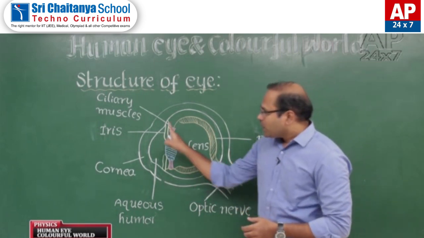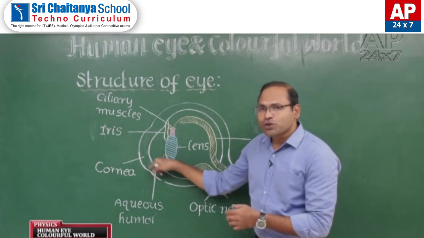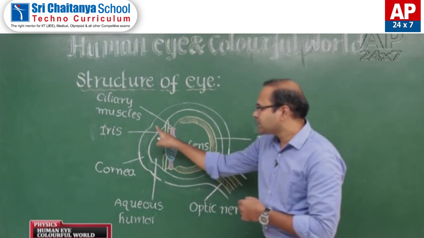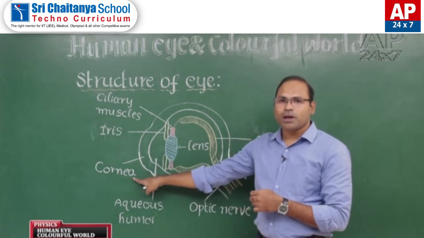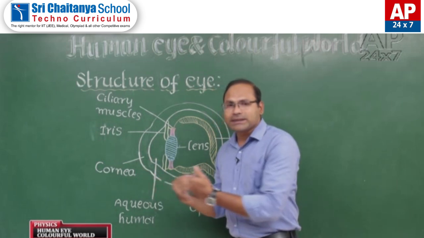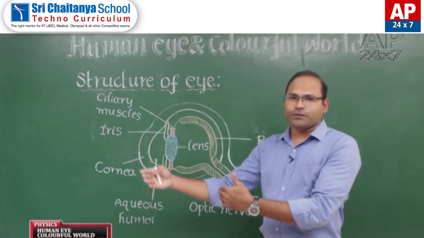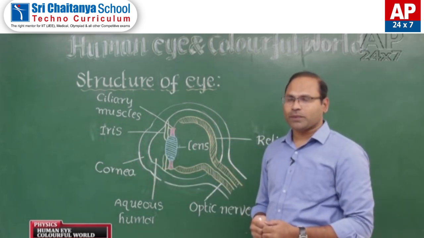The front portion is protected by a membrane called the cornea. This membrane protects us from the outside atmosphere like dust and everything.